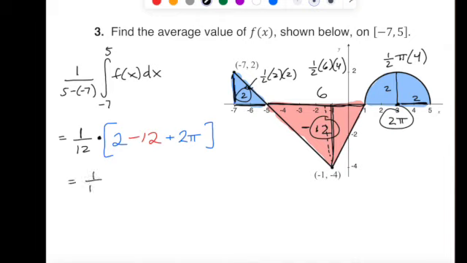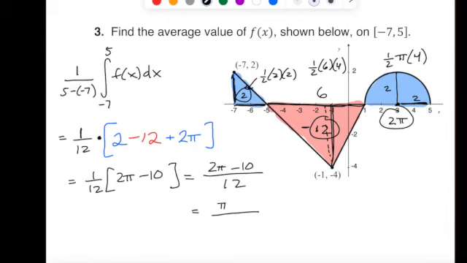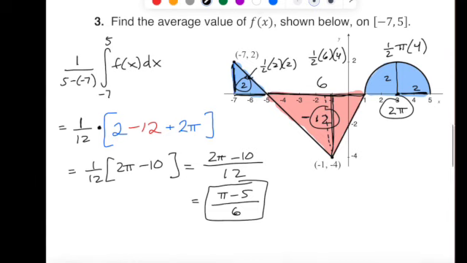So this will be 1/12 of 2 minus 12 is -10. -10 plus 2 pi, we're just going to call that 2 pi minus 10. And you could put that all over 12 if you like. It does reduce by a factor of 2. If you divide all of those terms by 2, you'll have pi minus 5 over 6, or pi over 6 minus 5/6, or something to that effect.